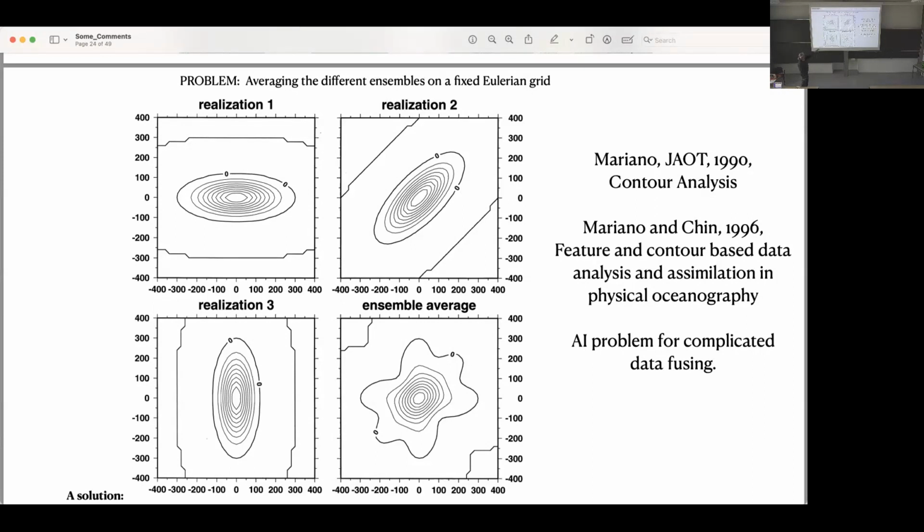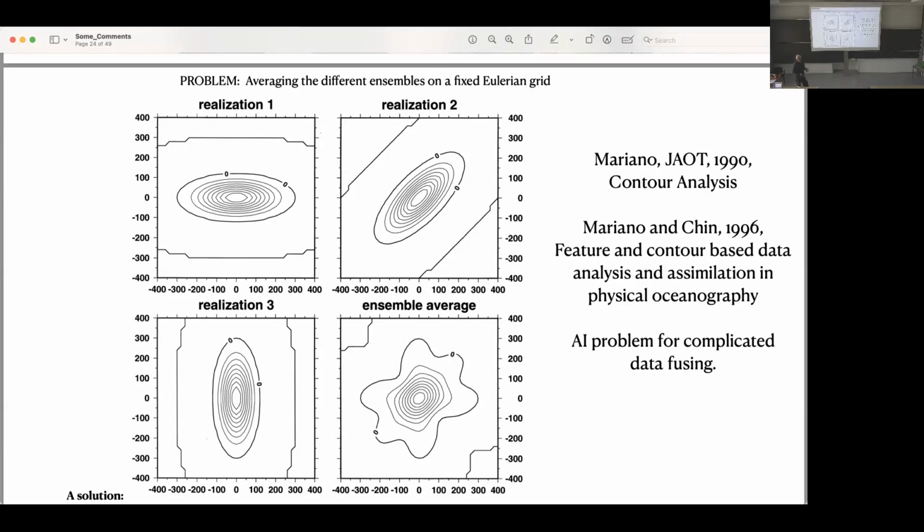If you're interested in contour analysis, I talk about it in a couple of papers. The first one was in 1990. Basically, with contour analysis we pick contours and we average the position of contours. Now, in a more general case, where we're producing, say, temperature maps, and we have 200 temperature maps produced by ensembles that we want to average together, if we do the averaging on a fixed grid, we're going to smear out the magnitude of our temperature changes and the gradients in temperature.